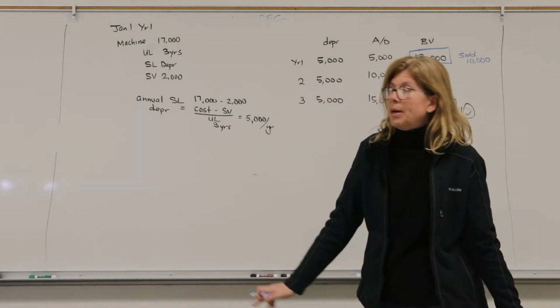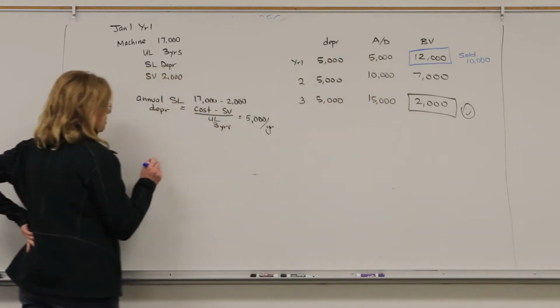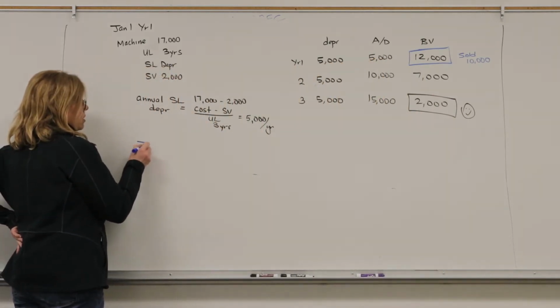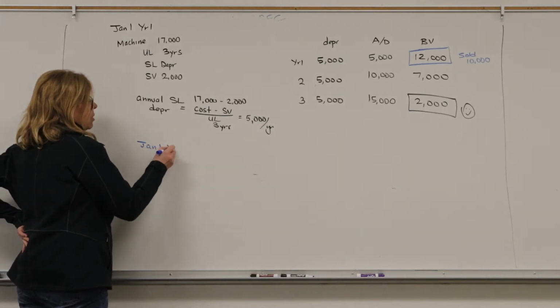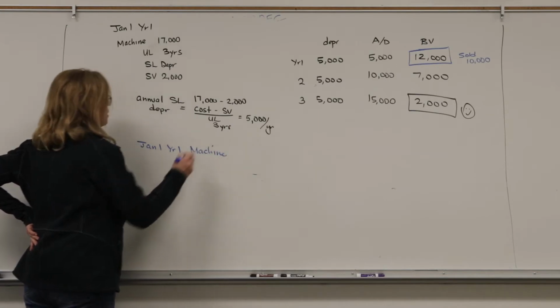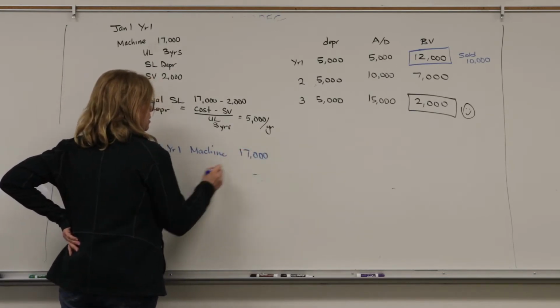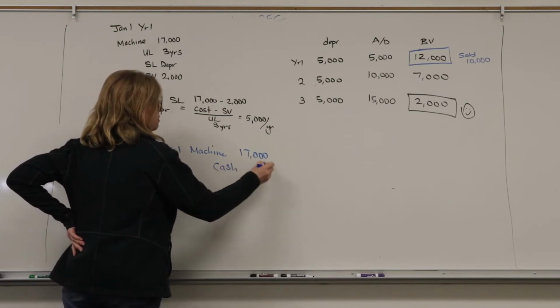So let's think about all journal entries from inception to sale. So on January 1, year 1, I put machine on the books. It's an asset increasing, I debited it, $17,000, and I credited cash.